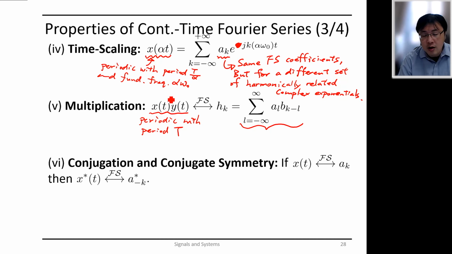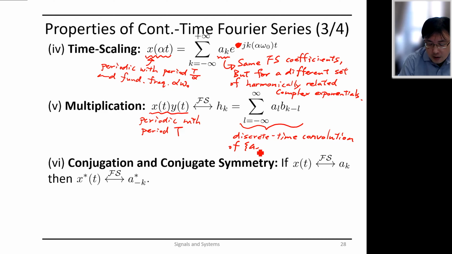So multiplication of two signals in time will have a Fourier series coefficient that is equal to the discrete time convolution of their corresponding Fourier series coefficients.